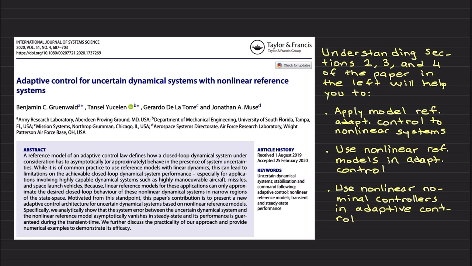Maybe you would like to enforce state constraints, so some control and reference model behaviors can be limited up to a region, but you may want to explore, for example, nonlinear velocity damping effects to better control the damping of your reference model. In this case, the reference model will become nonlinear, and you may want to use nonlinear nominal controllers like sliding mode in adaptive control. So understanding sections 2, 3, 4 of this paper will help you to achieve these objectives.